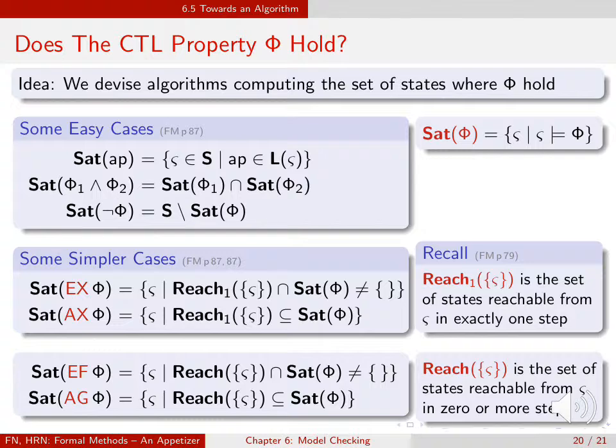That is the formula for getting the set of states that satisfy EF of phi. For the second formula, where we're asking for those states sigma such that everything reachable from sigma must be contained in the set of states that satisfy phi, we in fact get the formula for AG of phi.